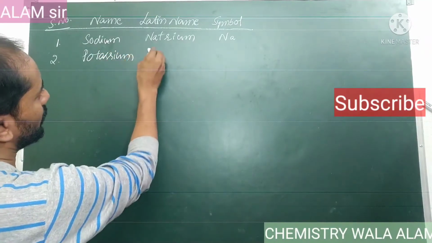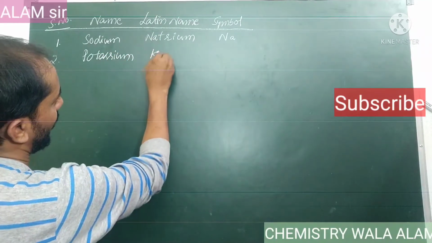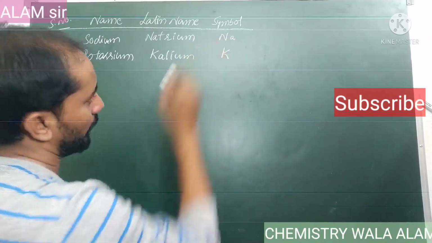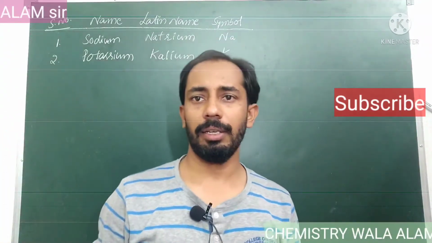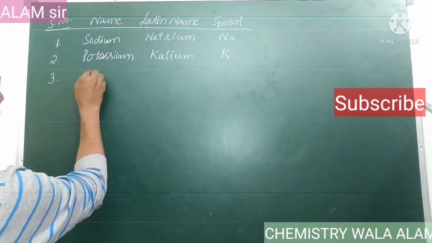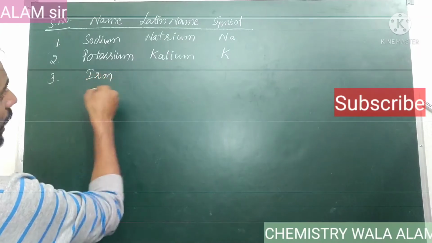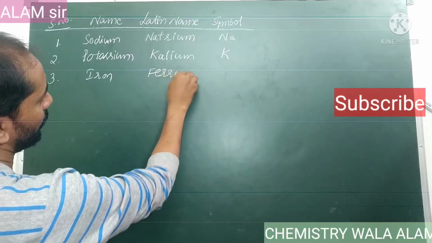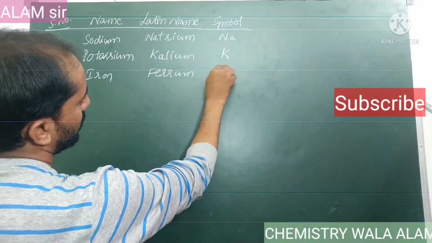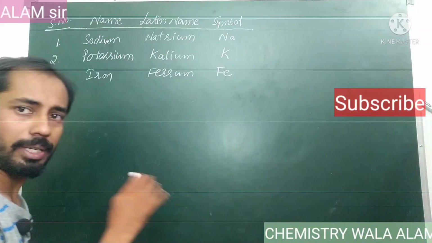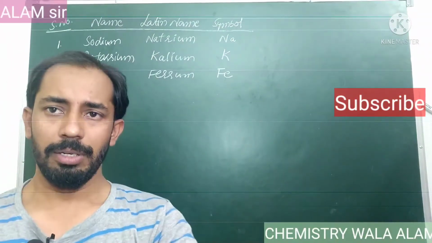Its Latin name is kalium, so the symbol is K. The third one is iron. The Latin name is ferrum, symbol is Fe. The first letter is capital and the second letter is small.